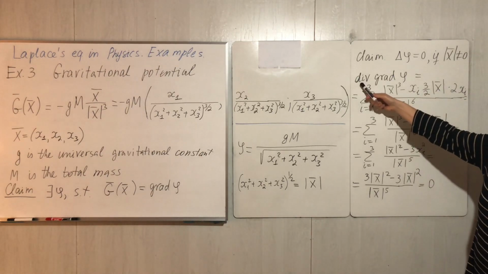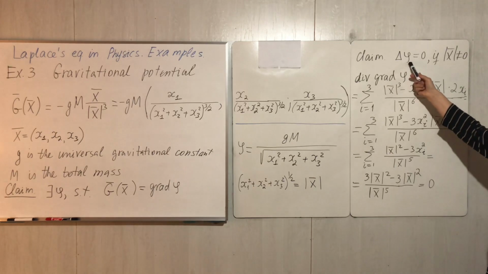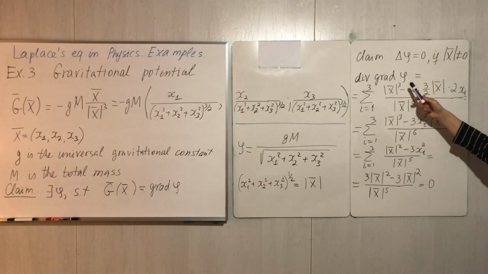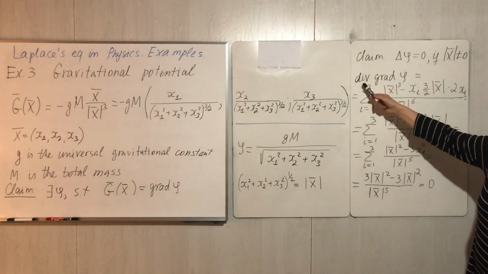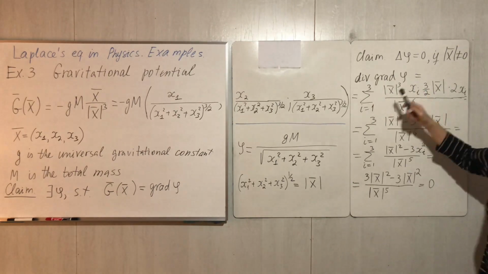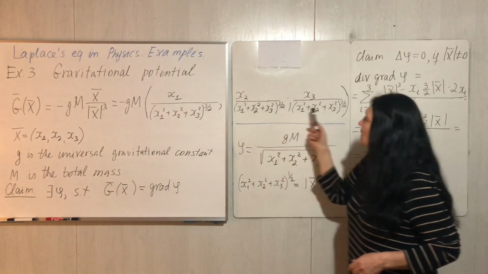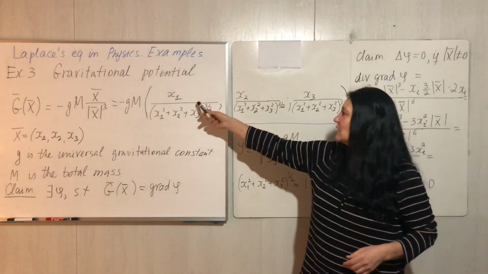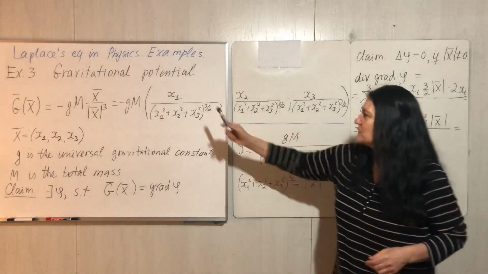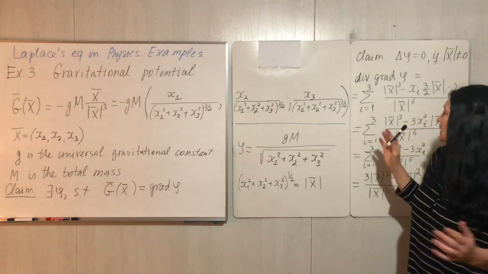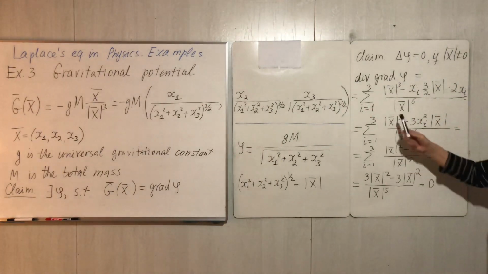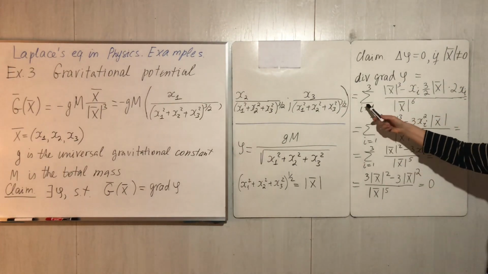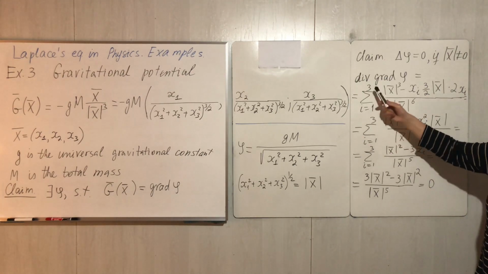To compute the Laplacian, we will write it as the divergence of the gradient, because the gradient is already here. We just need to compute the divergence. So we need to differentiate each component with respect to the corresponding x and add them all together. Here I wrote it as a sum from 1 to 3, right?